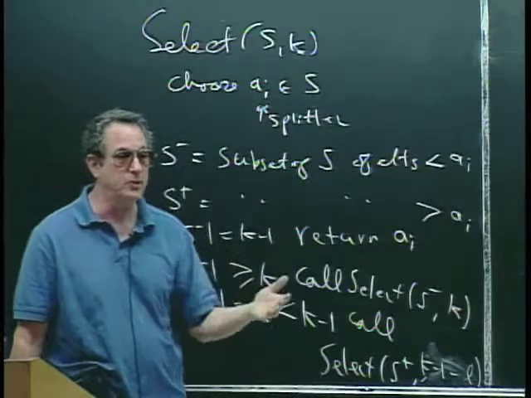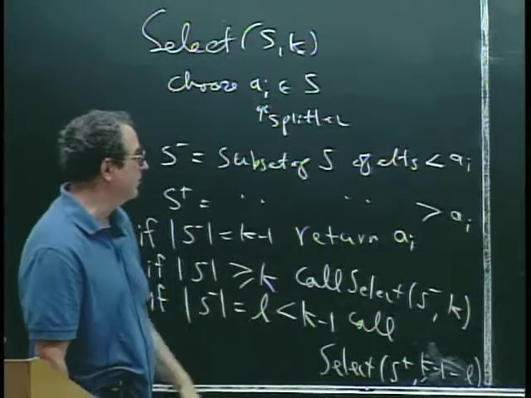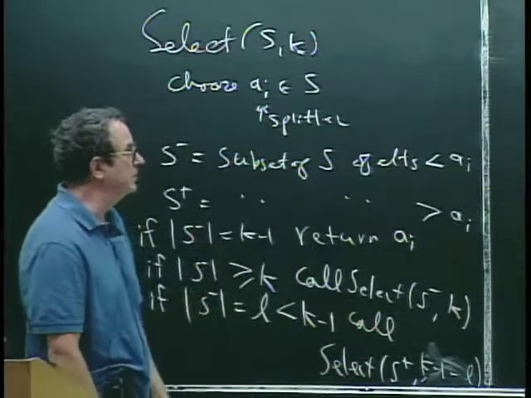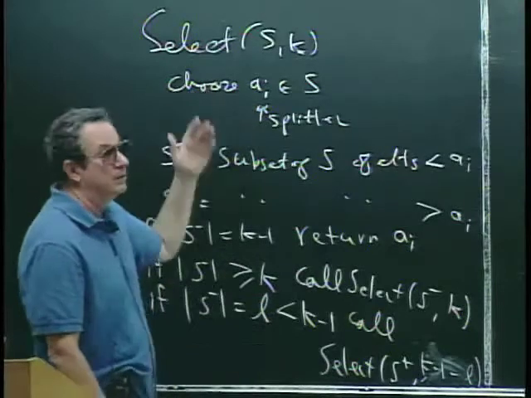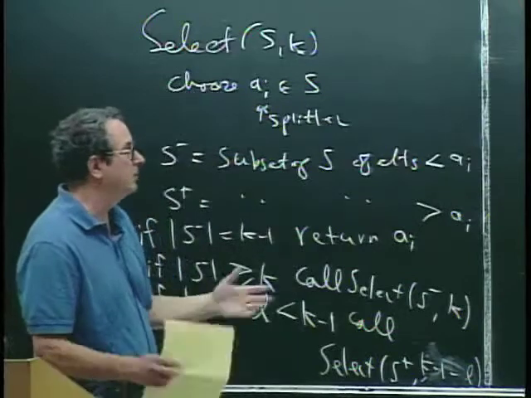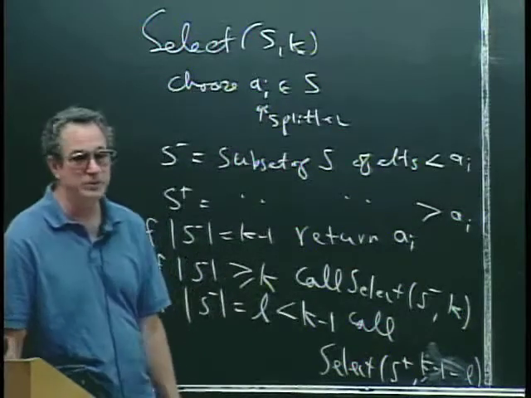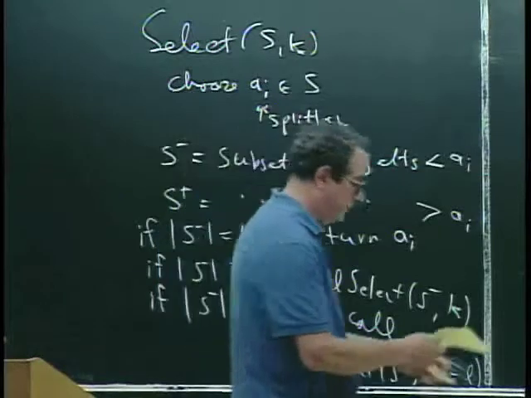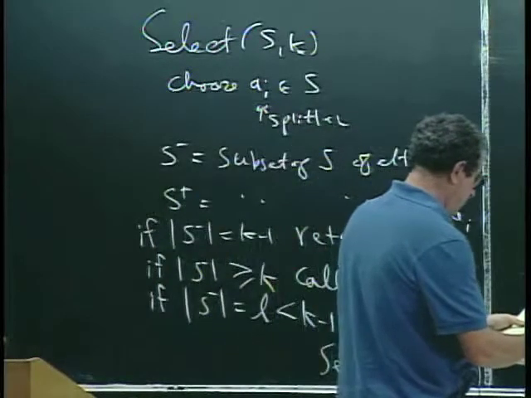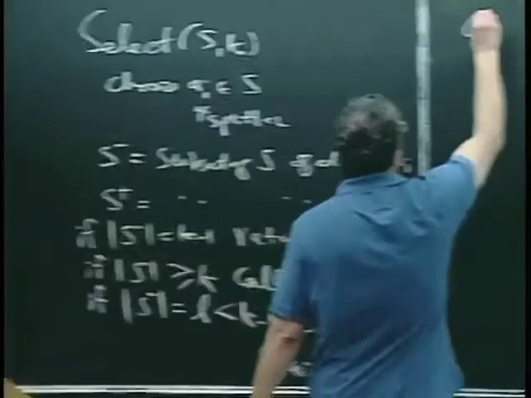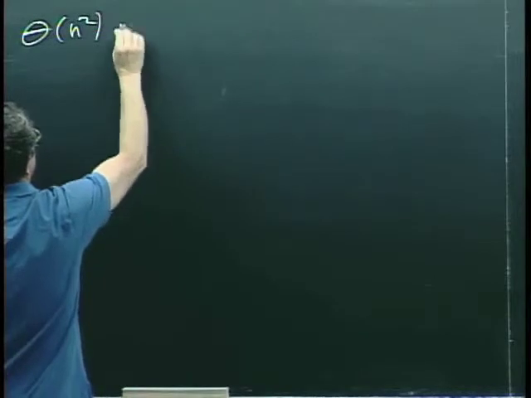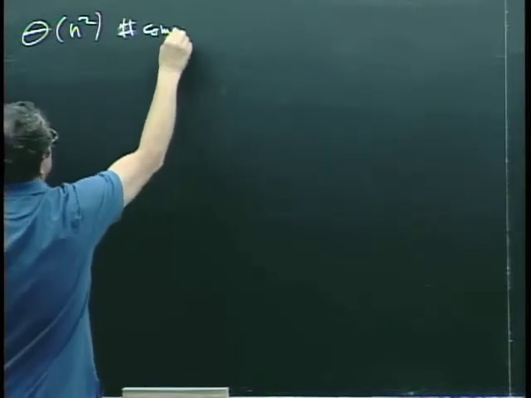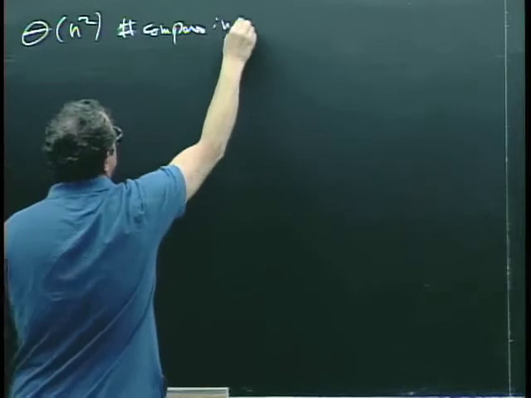So you have a summation, essentially, from 1 up to n, or if you're looking for the median, n over 2 up to n, whatever, all those things are of the order of n squared. Okay? So this is, well, let me make it theta of n squared comparisons in the worst case.